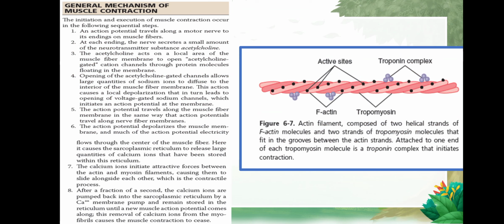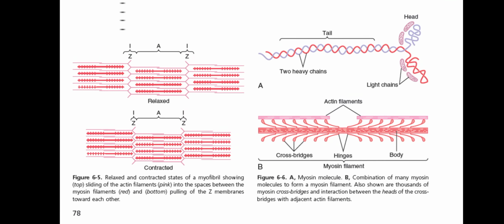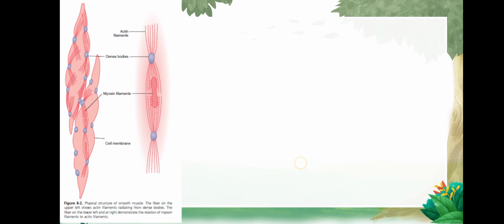Now we will see the structure and contraction mechanism of smooth muscle, that is involuntary muscle, present in involuntary parts of the body, like the small intestine and stomach.